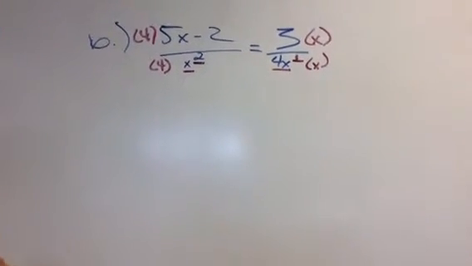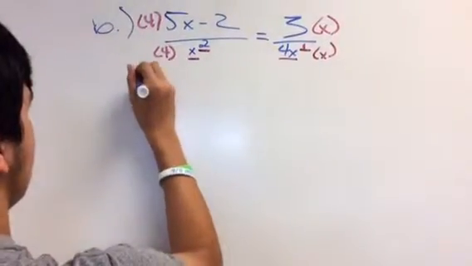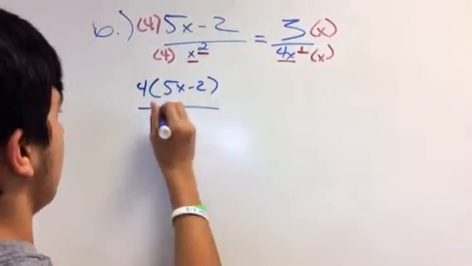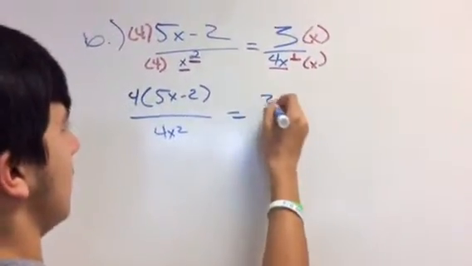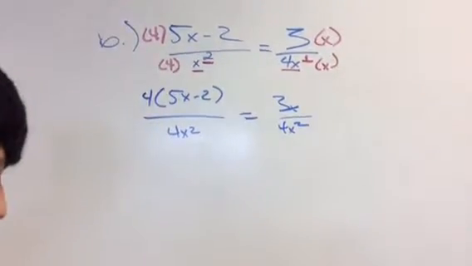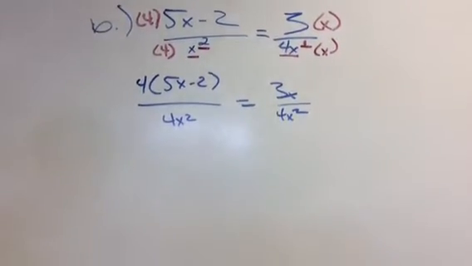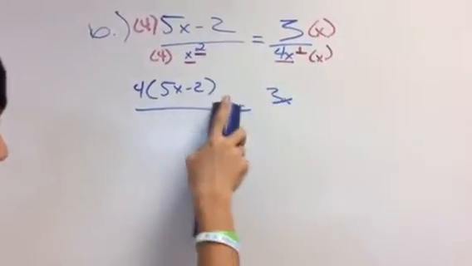Now we have our common denominator. So now we have (5x−2)·4 over 4x squared equals 3x over 4x squared. Since the denominators are the same, the fraction is not needed anymore; that's all gone and won't affect the problem at all.